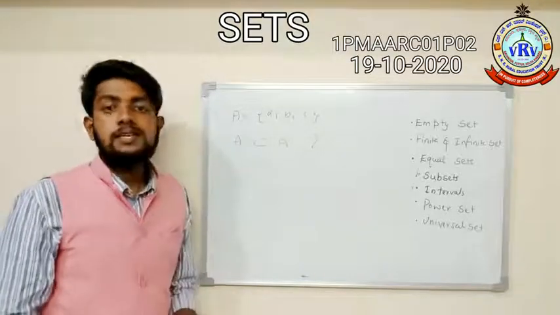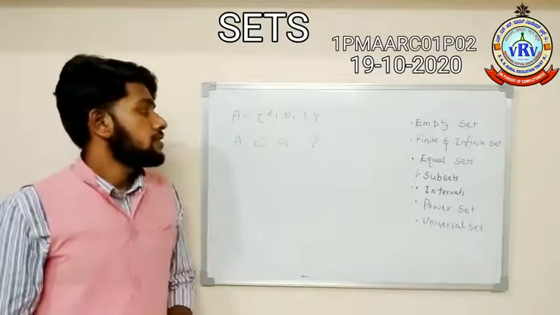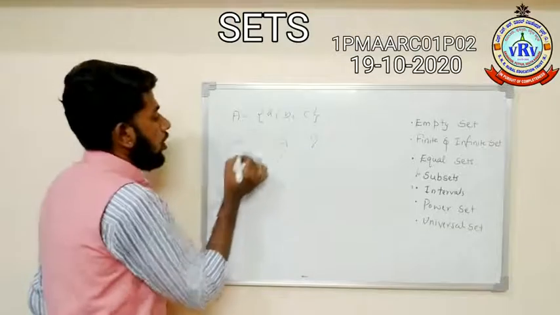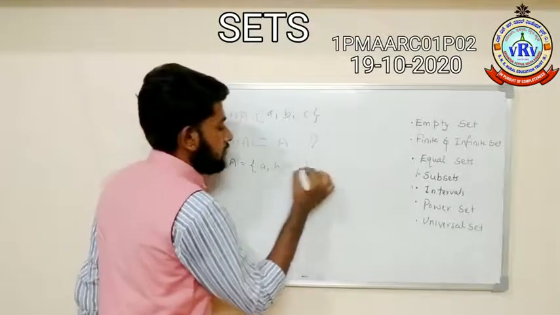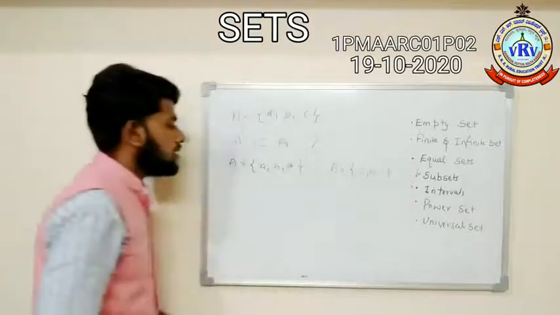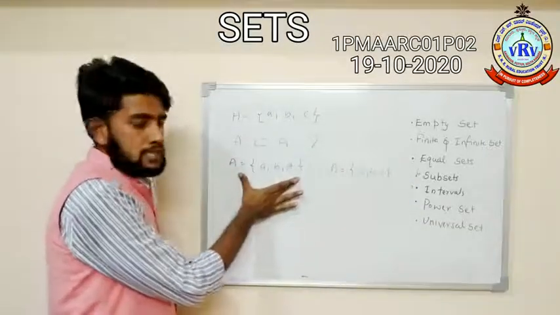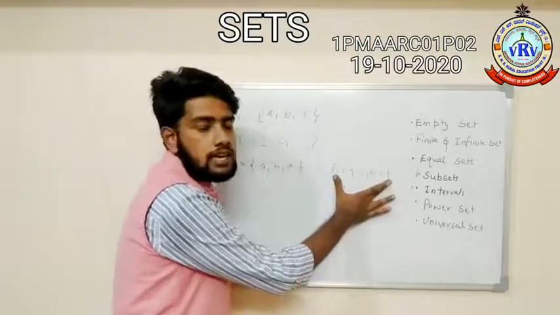Is there a chance that a set A is a subset of itself? Yes, because if you consider this A separately for your understanding purpose, then all the elements in the set A are there in the set A, right?